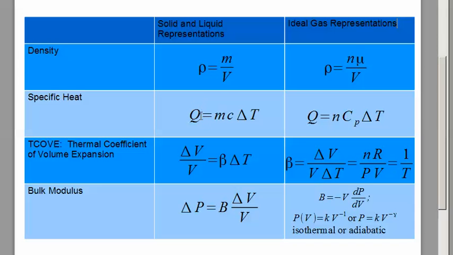Specific heat, Q is equal to m times the specific heat times delta T. With the ideal gas, Q is equal to n times the specific heat at constant pressure times delta T. For the thermal coefficient of volume expansion, we have beta equals delta V over delta T times V in both cases, but that turned out to be nR over PV, which was equal to 1 over the temperature for an ideal gas.